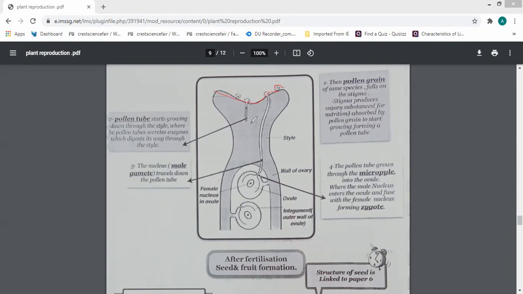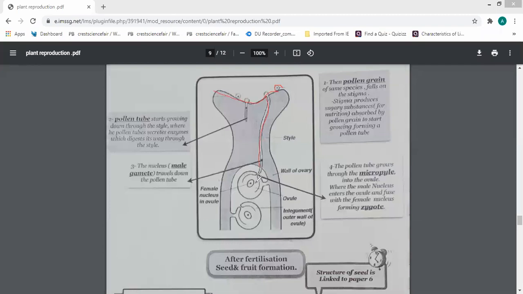The stigma produces a sugary substance, nutrition to help the pollen grains form a pollen tube. Then the pollen grains form the pollen tubes, as you can see, to pass the nucleus of the male organ. This pathway of the pollen tube will be through the style of the female organ.